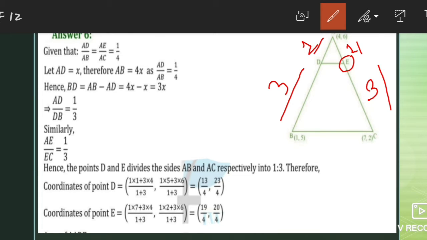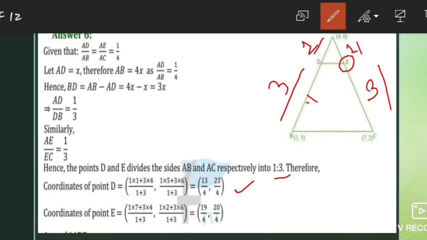Now in side AB, the coordinates of A and B are given, and the ratio is also given: point D divides AB in 1 is to 3. Similarly, E divides AC in 1 is to 3. So the coordinates of D by the section formula will be (13/4, 23/4).